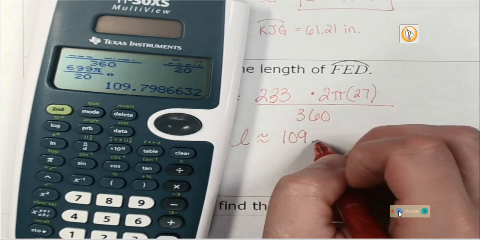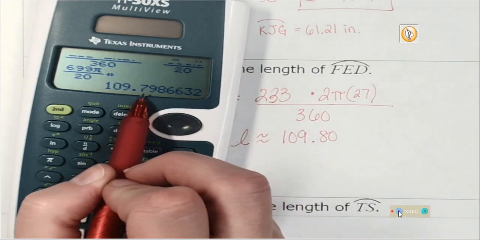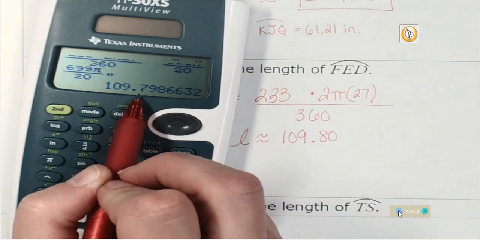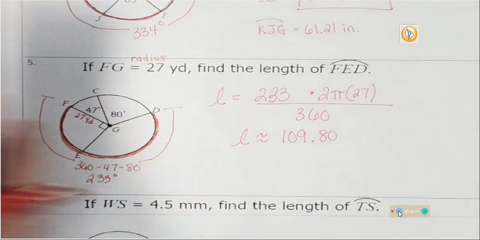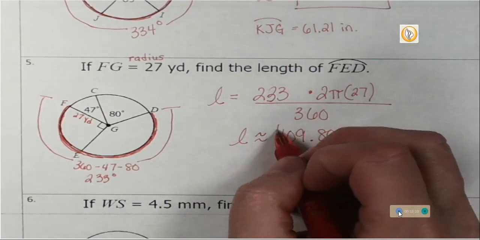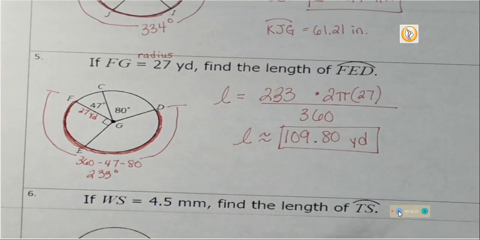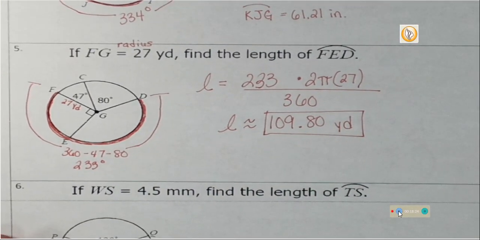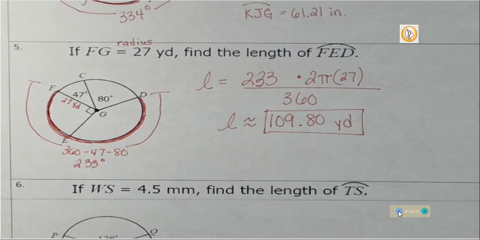It's going to make it go to 80. So I treat this like money. An 8 would make 79 cents go to 80. And what is my unit here? Yards, not degrees, because you are finding a length. You measure length in units, in feet, in yards, in centimeters, in millimeters.